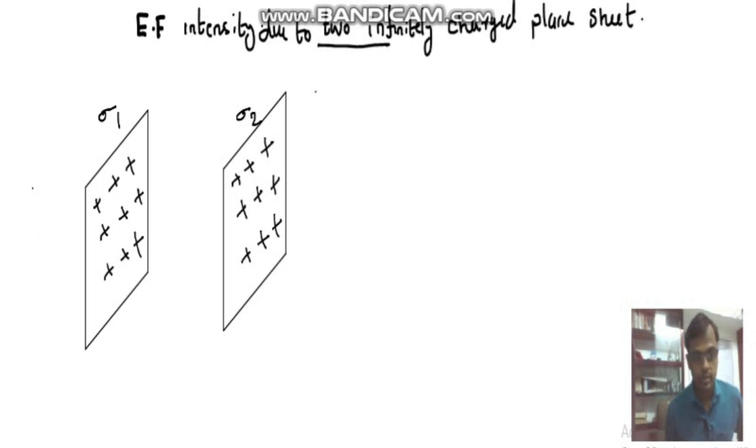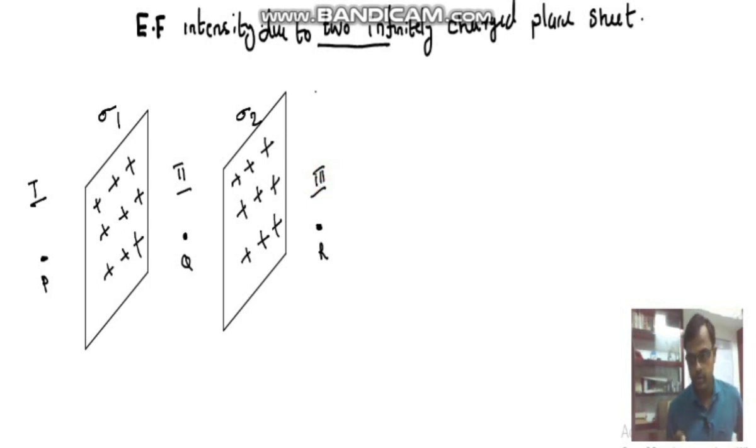First point, say this is the first point, first area. Take one point here, the point P, and in between these two plane sheets take another point Q, and take one more point here, on the right side of the second plate, and call it R. So this is the first case, left side of the first plate, in between, and after the second one, on the right side, the third one.